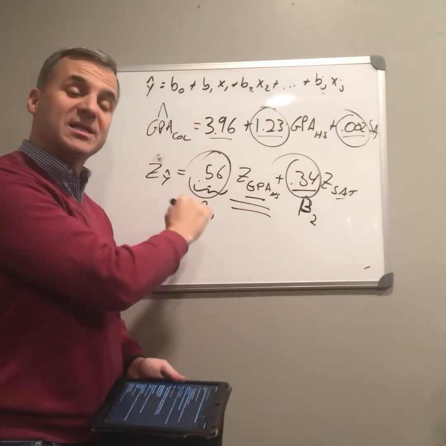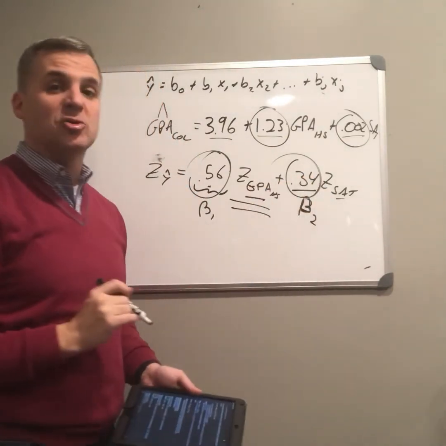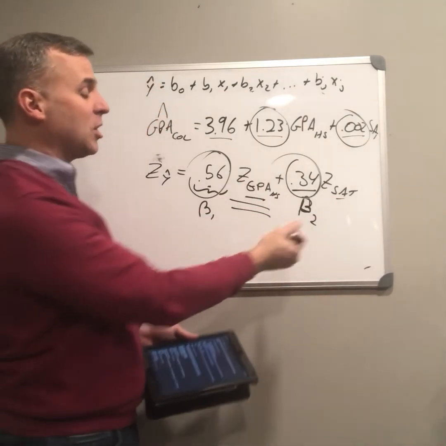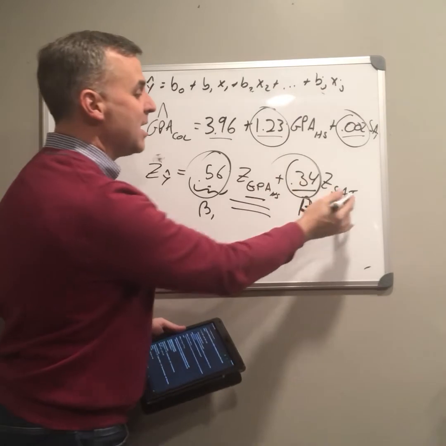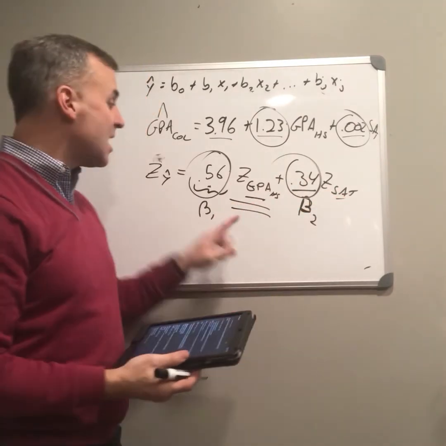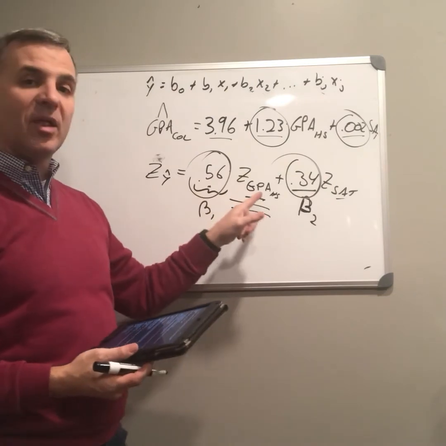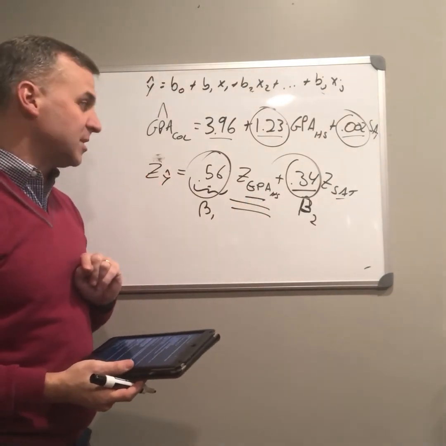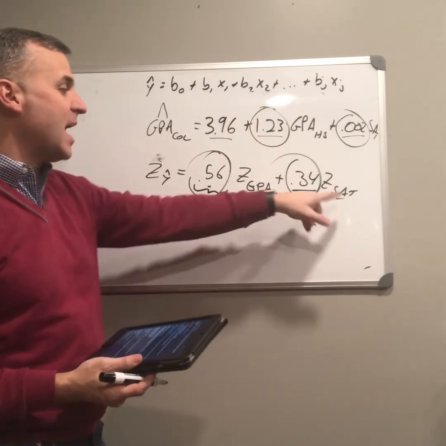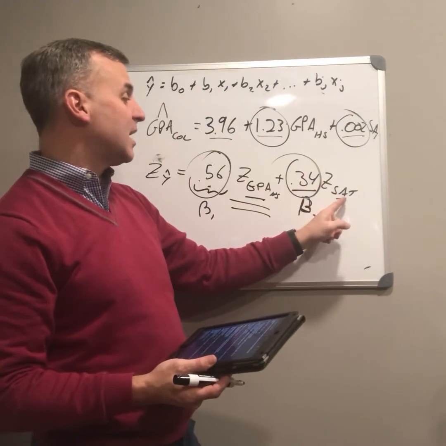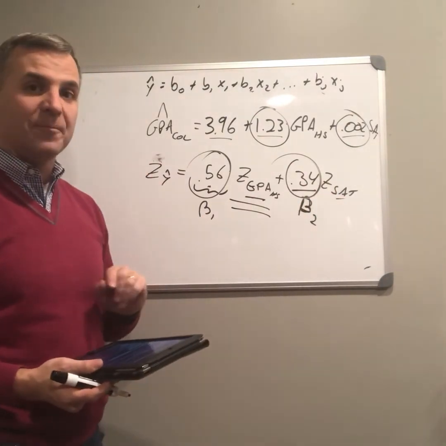Now, just because that's the better predictor doesn't mean I drop out SAT scores. In fact, if I drop out SAT scores, because you can imagine, we'll get to this later, SAT and GPA are probably related. If I drop out SAT scores, that's going to change the predictive ability and how GPA predicts my college performance. Likewise, if I were to drop out GPA, that would change beta 2 because our SAT score would be different there.